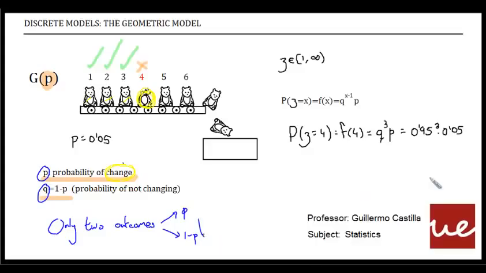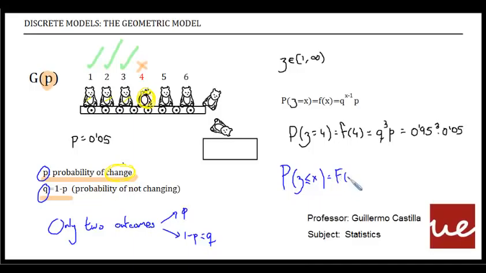And through that only possible pair of events, through p and q, what the model gives me is the probability of the change taking place after x inspections. So what I really want to know is what the probability of it happening is, and when it happens.